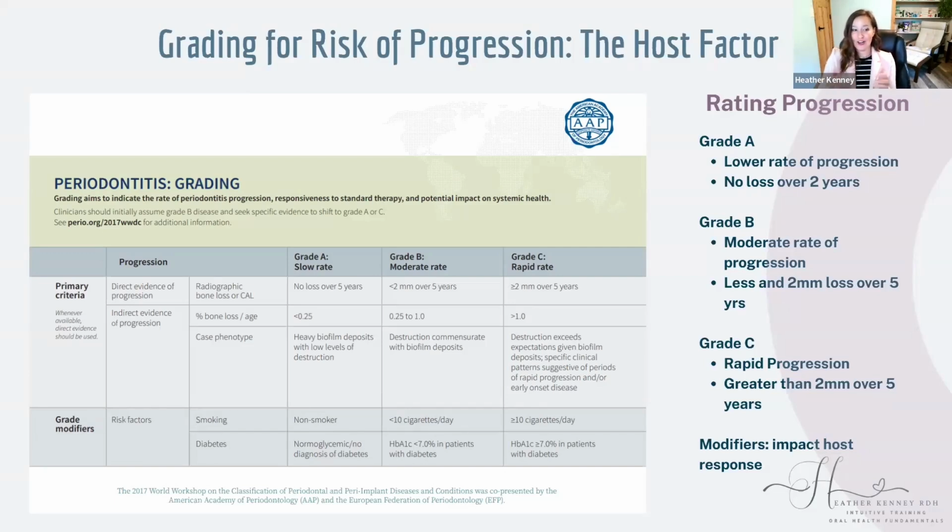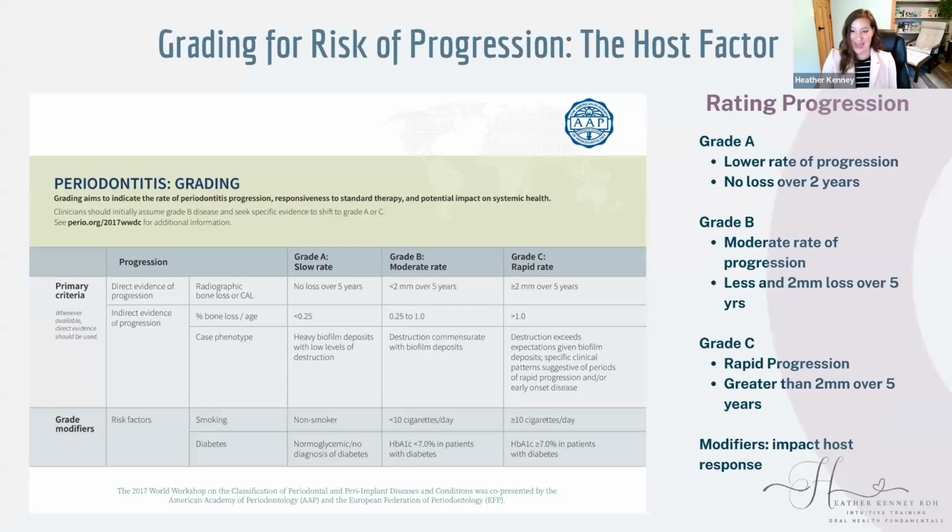Okay. So make sure, I know staging and grading gets super confusing. It's really, really cool, ChatGPT, you guys. You can put in what the patient is presenting with and ask what's the grade and staging of our patient. We can use tools now to help us with this. I know it's confusing. When this first came out, I was like, I have no idea how to do this. But just make sure you're doing the appropriate charting and assessing your patients properly, and talk about disease in disease language.